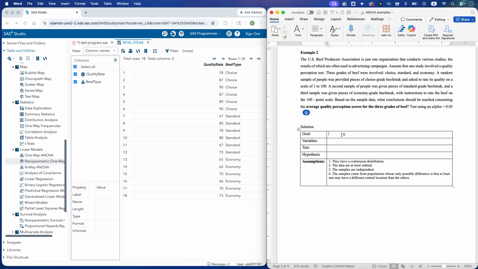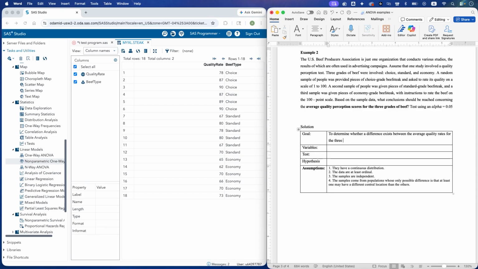So the goal is to determine whether a difference exists between the average quality rates for the three beef types.